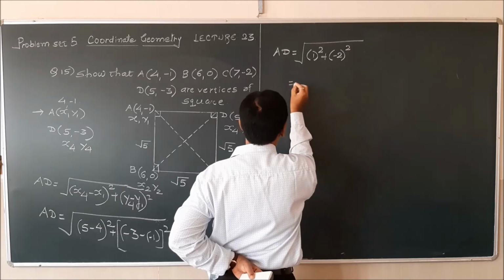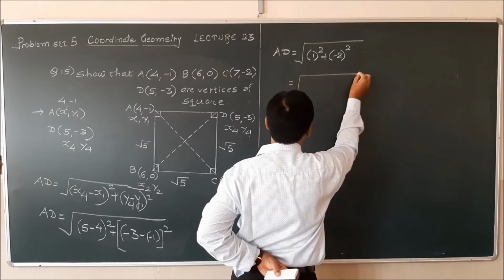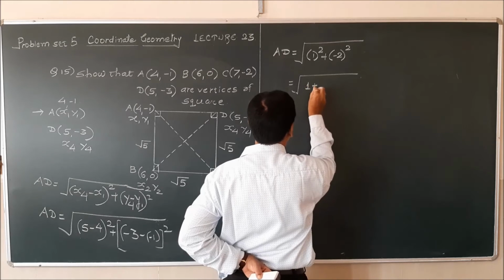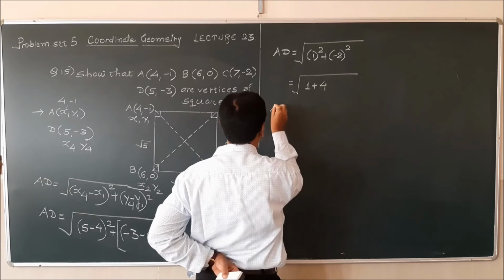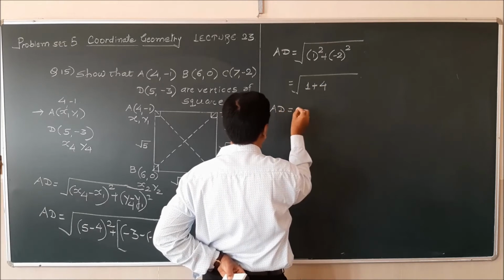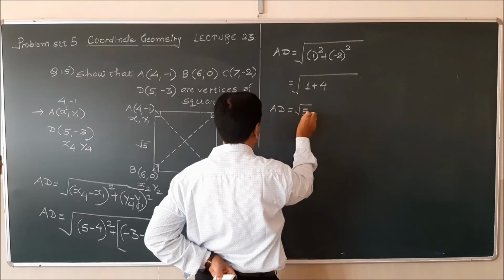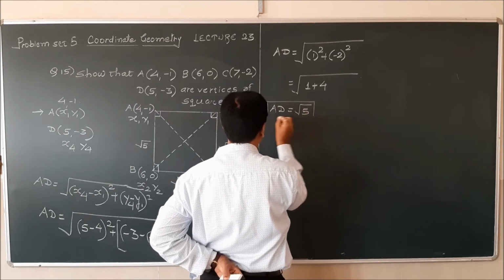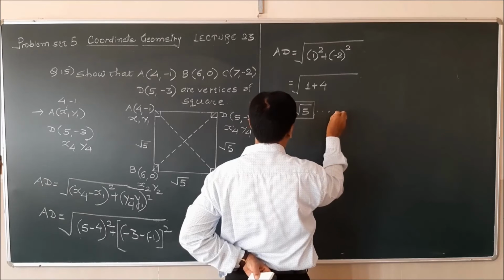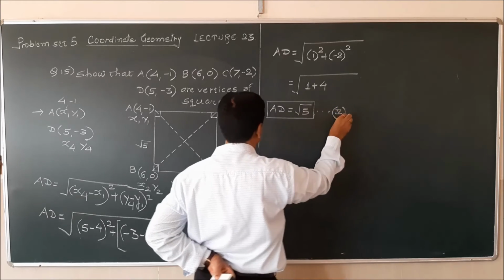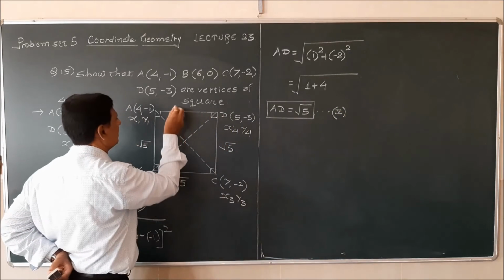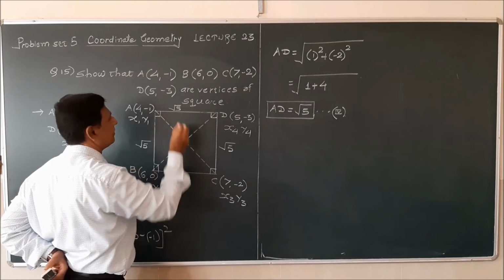So that is equal to root of 1 square is 1 plus 4, so AD is equal to root 5. That's a very good result we got. All sides have length root 5.